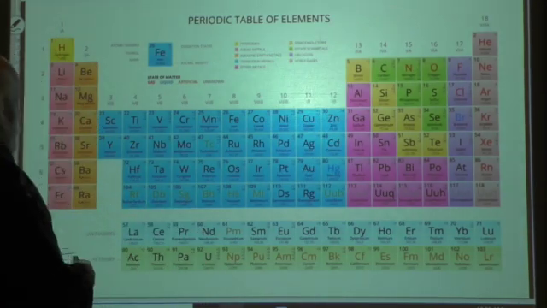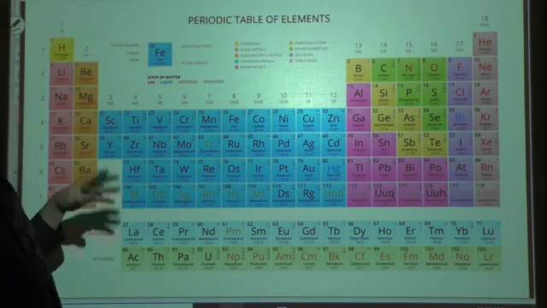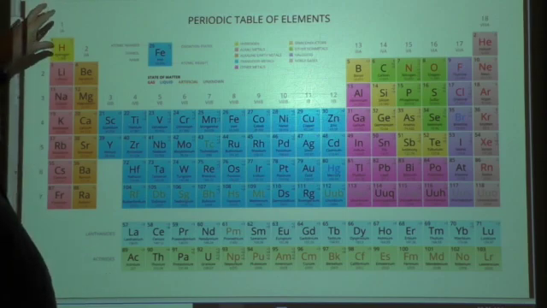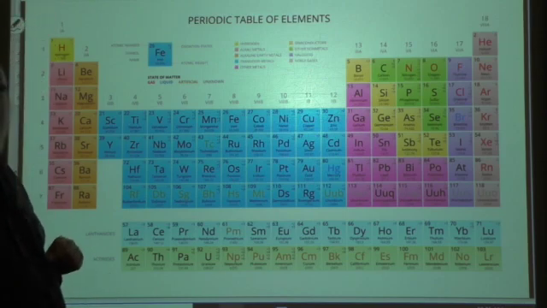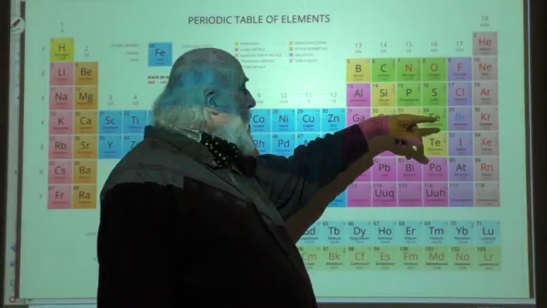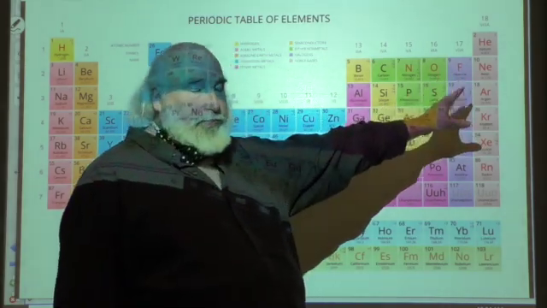So in taking a look at sodium, you notice that sodium is in group 1A and it's a metal. And as we said in the previous section, metals in group 1 have a positive charge. Chlorine is a non-metal, and it has 7 valence electrons.